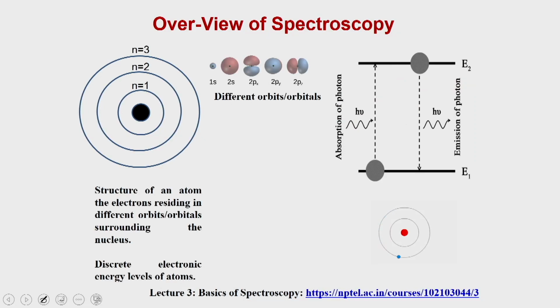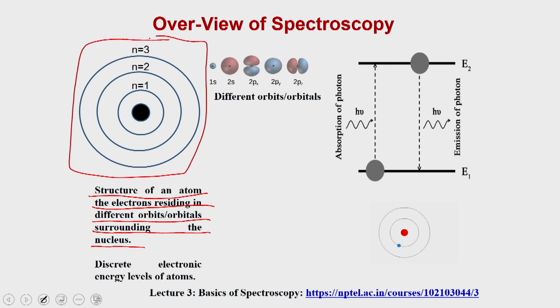Now, the question comes: why do different molecules absorb differently? If you see the structure of an atom, the electrons reside in different orbits surrounding the nucleus. This is a typical structure of an atom, where the central part is the nucleus, in which the protons and neutrons are present, whereas these are the different shells where the electrons are present.